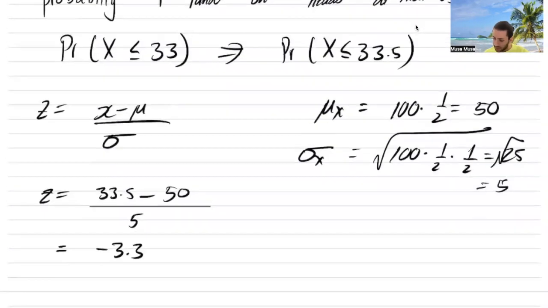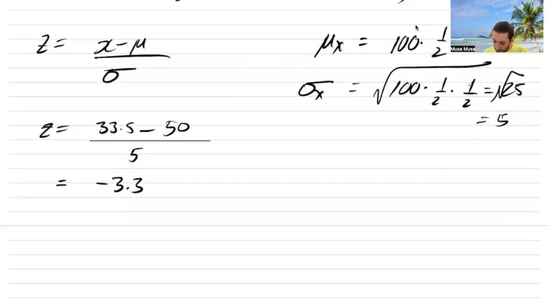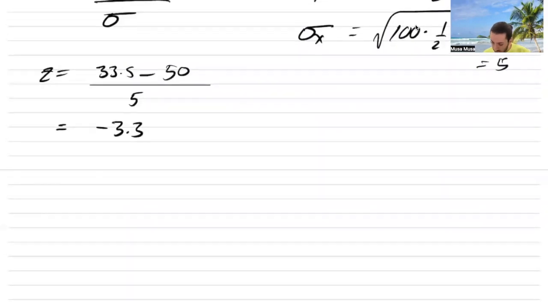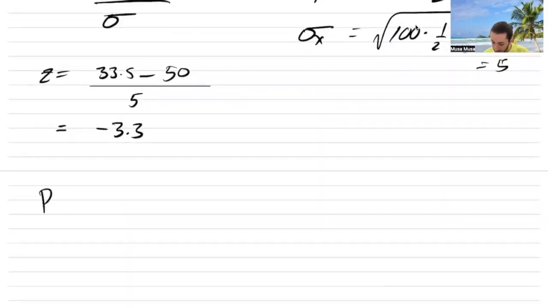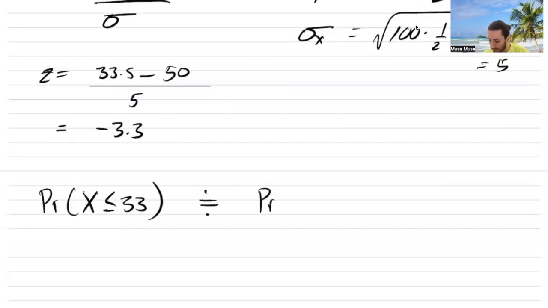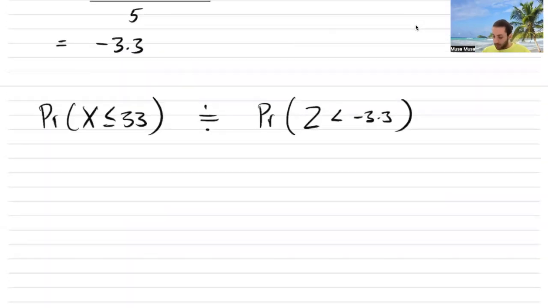There we go. So now this probability that we're trying to calculate, the probability x is less than or equal to 33, is approximately the same as the probability that z, which is our normal distribution, is less than minus 3.3. Because that's our z-score that we calculated. Of course, this is the same as phi of minus 3.3.